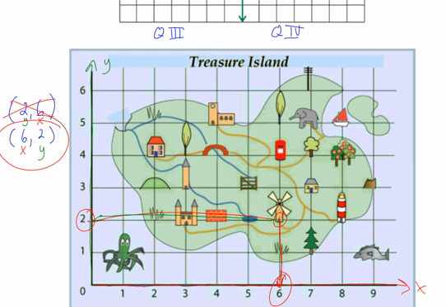Get the idea? So what are coordinates for? They're to locate things. But make sure you get it straight, because if you go opposite, you're going to be wrong, right? If I say coordinate 4, 5, I get that building, right? But if I say 5, 4, I get nothing. So what's the lesson?